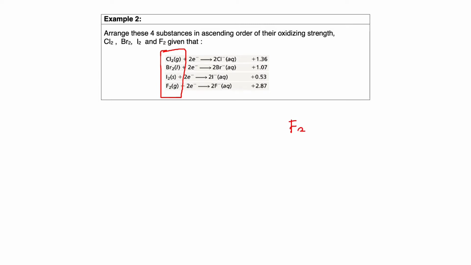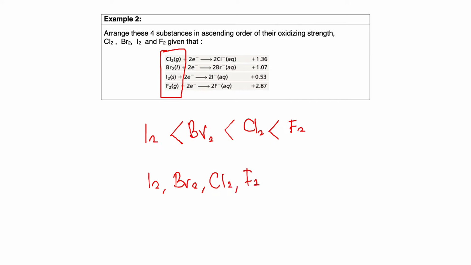The second most positive is Cl2, then followed by Br2, and lastly is iodine, I2. So we can also arrange them as I2, Br2, Cl2, and F2.